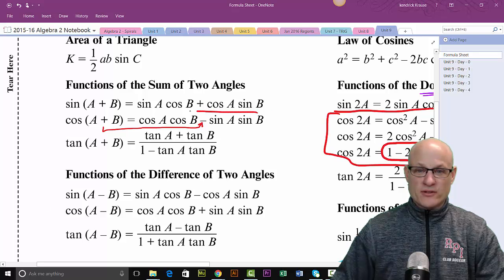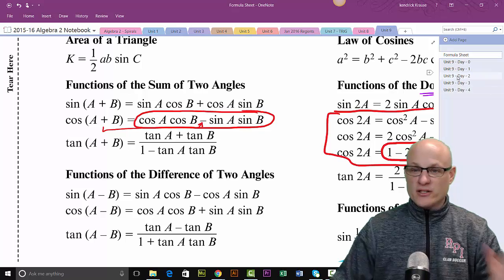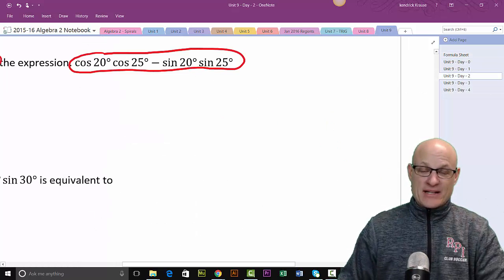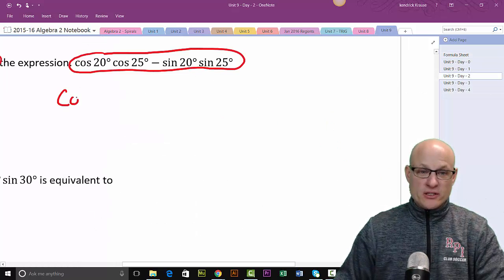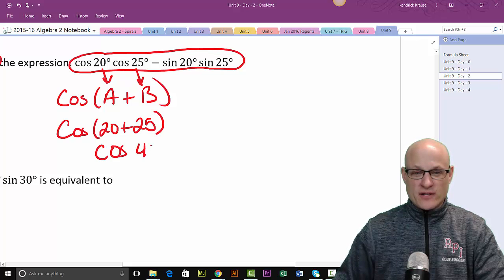Cosine of an angle, cosine of an angle, minus sine of an angle, sine of an angle. Oh, so this is really cosine of A plus B, where this is A and this is B. So this is really the cosine of 20 plus 25, which is really equal to the cosine of 45, which is square root of 2 over 2.